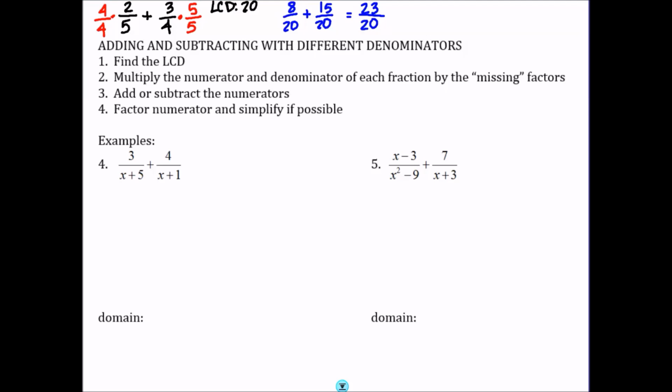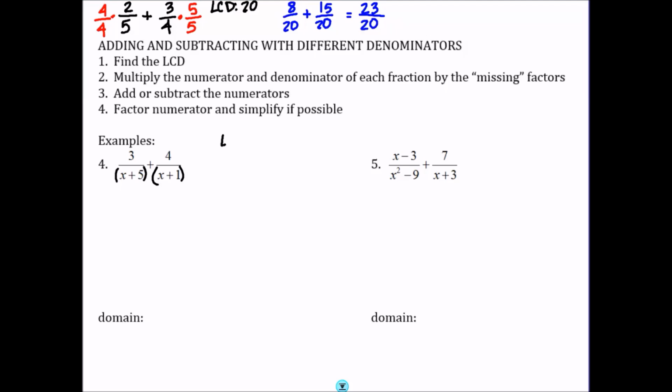So let's take a look at these examples when we are adding and subtracting rational expressions. Our first example is 3 over x plus 5 plus 4 over x plus 1. Our factors, when we're looking at the denominators, are x plus 5 and x plus 1. If we could factor either of these denominators more, we would need to do that.